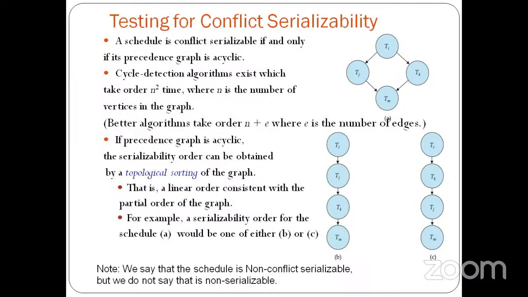That is called conflict serializability, so that it can be ordered by a topological sorting of the graph. That is a linear order consistent with the partial order of the graph. For example, a serial order for the schedule would be either B or C. If you observe the diagram, Ti, Tj, Tk, Tm, this is a precedence graph, an acyclic graph.